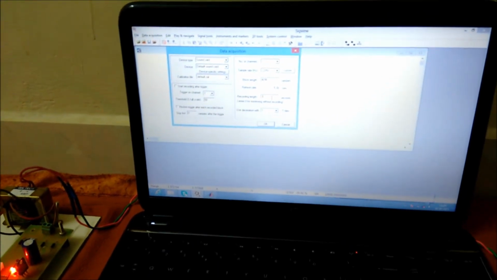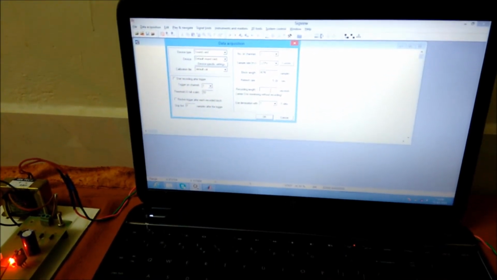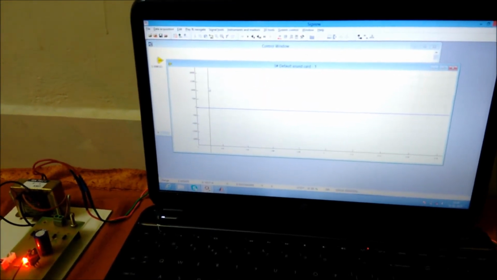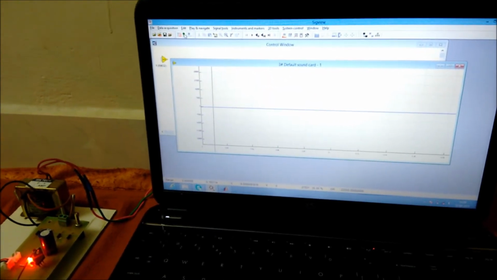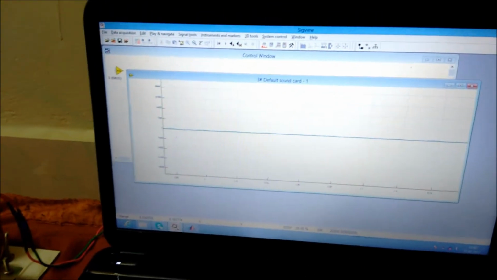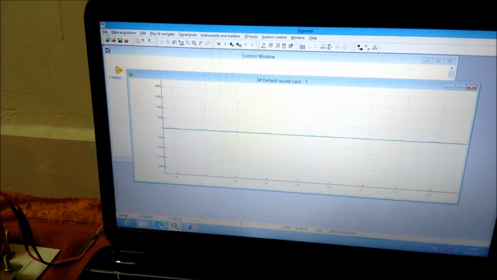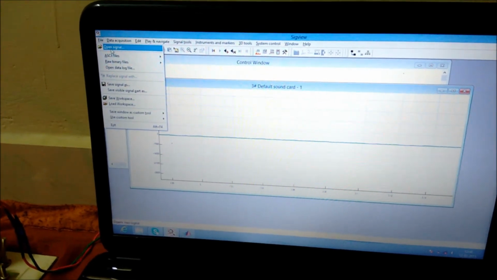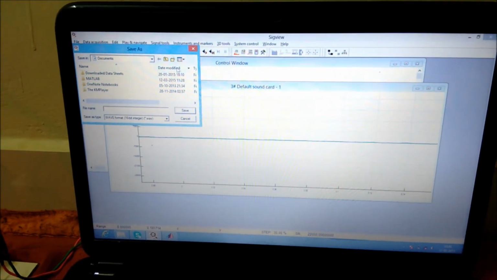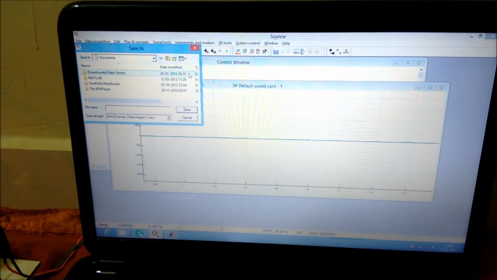The length will be a minimum of 3 to 5 seconds. The recorded signal will be shown on the desktop, and the signal will be saved.